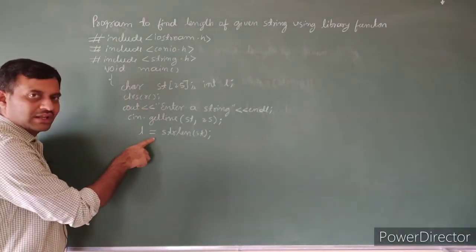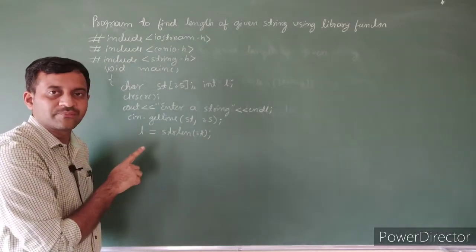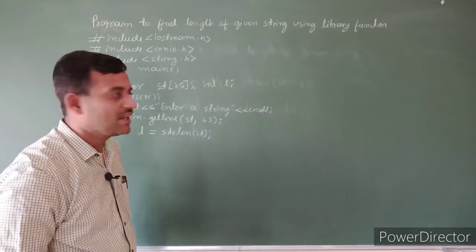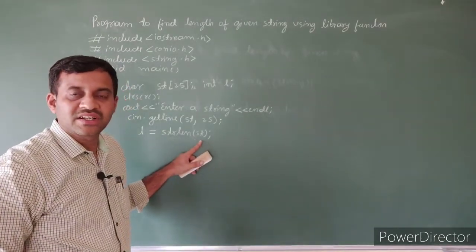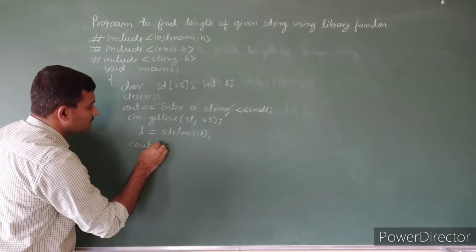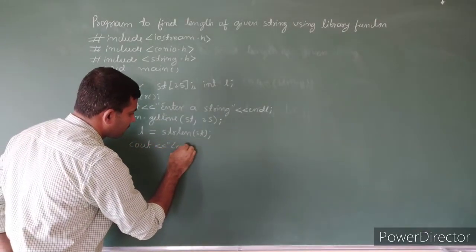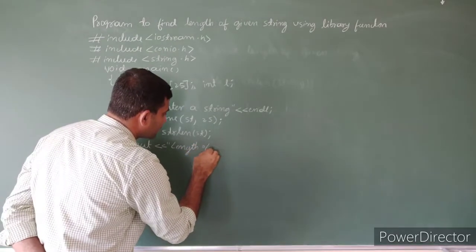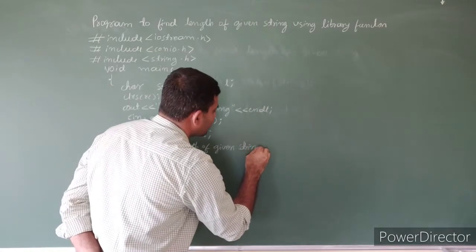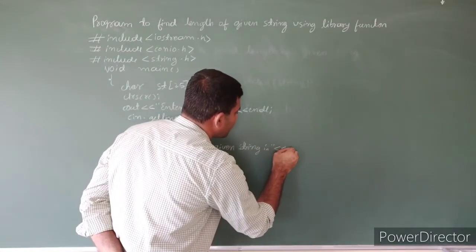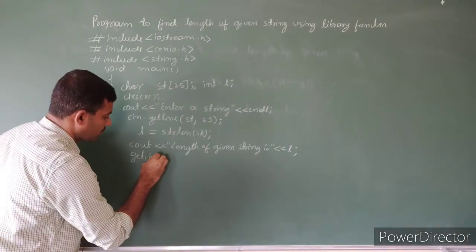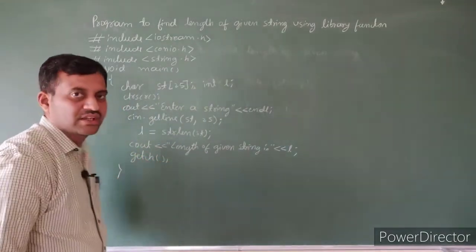Just write the statement L equals strlen of st. The predefined function strlen automatically returns the number of characters present in st. Just output it. How to output? Cout, length of given string is variable L. Getch, to close the program.